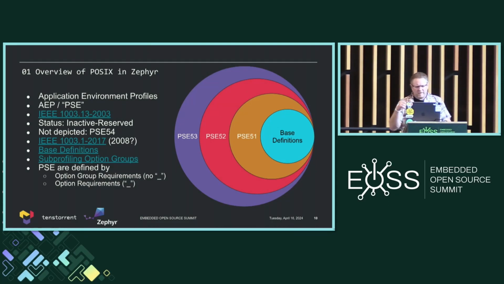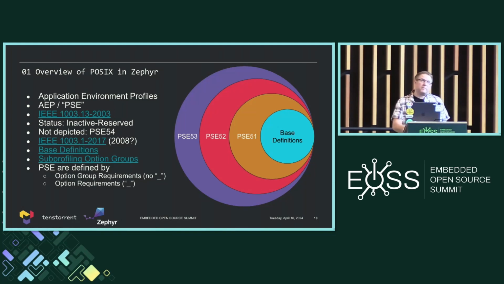Actually, that should be updated to system interfaces. My mistake, I'll fix that on the slide. Above that, we have PSE5.1. Above that is PSE5.2, and then PSE5.3. There's also a PSE5.4, which is for effectively a multi-purpose real-time system, like a Linux desktop, for example.